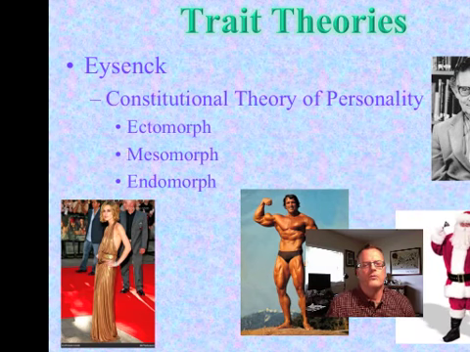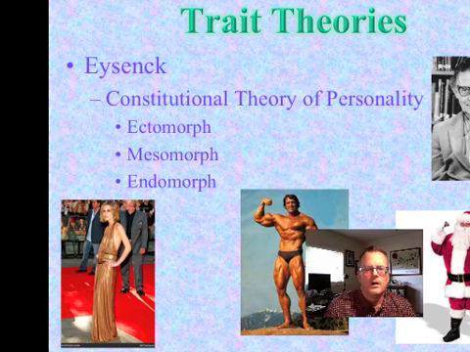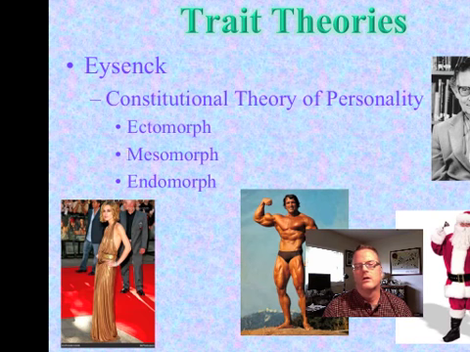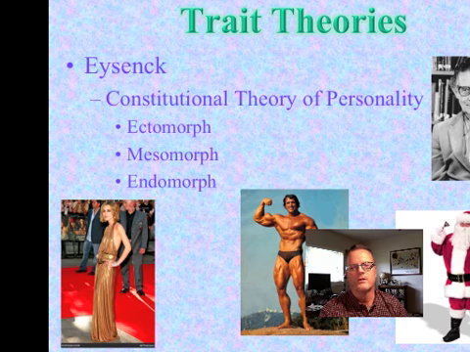And the endomorph, someone who's overweight, rounder, just like Santa Claus, I guess, and less anxious, more prone to depression, more jovial. Okay, this is not well supported. This is one of his early works, and it really doesn't explain the wide variability in personality.